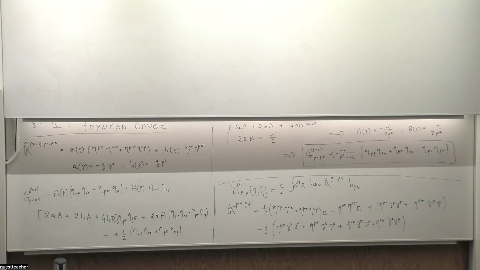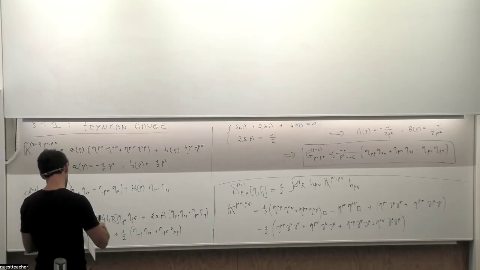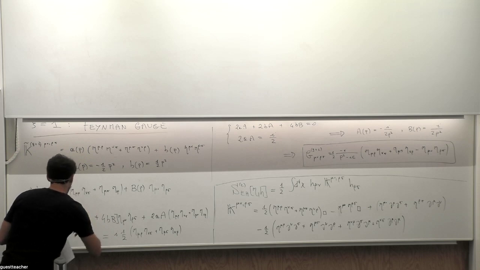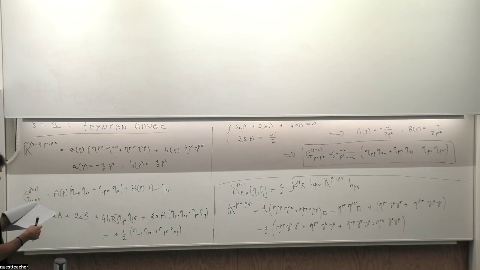Wait a second, I wrote it correctly. Let me see. I did it quick. Sorry, this is AB. Okay. Yeah. And this is B.